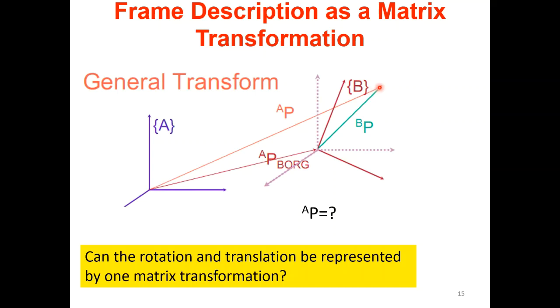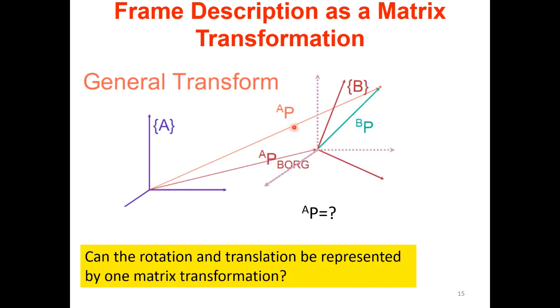And if you go to the endpoint over here, if you want to write that point with respect to A, this is AP. Now you can see 3 vectors here: AP, BP, APBORG. And it's a vector triangle. You have seen vector triangles.